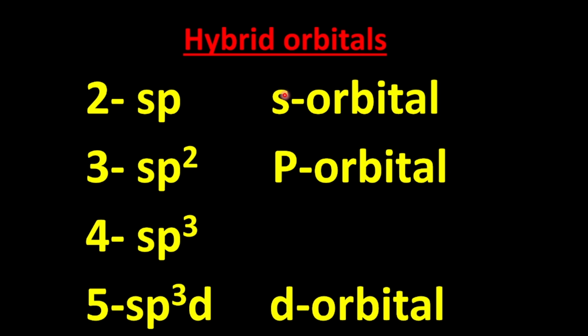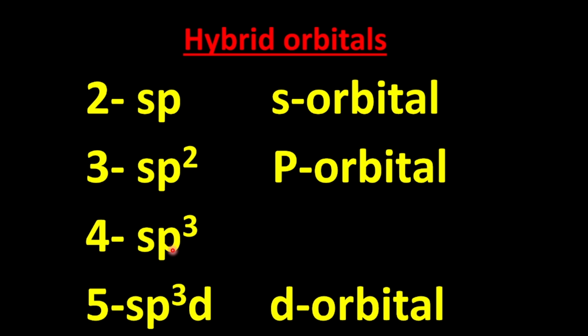Now let's start. In terms of determination of hybrid orbitals, we have to use the formula to do the calculation. We have what we call the s orbital, the p orbital, and the d orbital. Now when you use the formula and you do the calculation, a number equal to 2 indicates that it is sp hybridized.